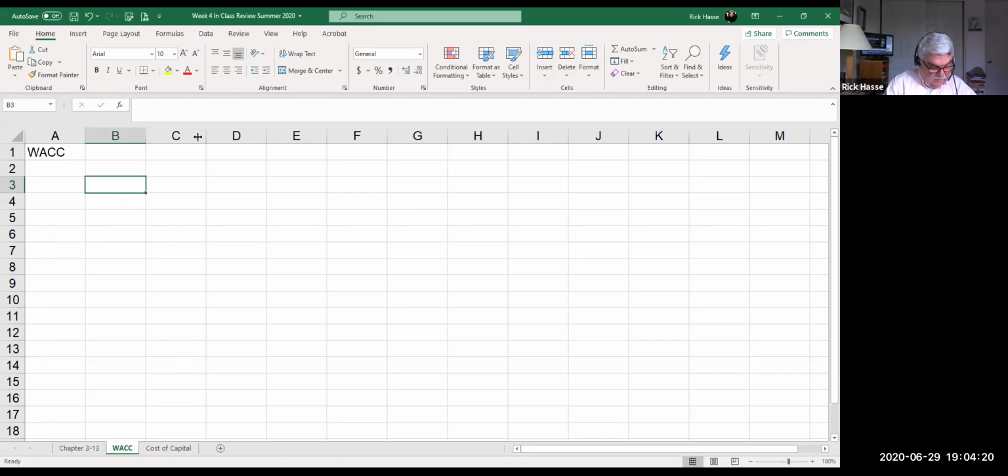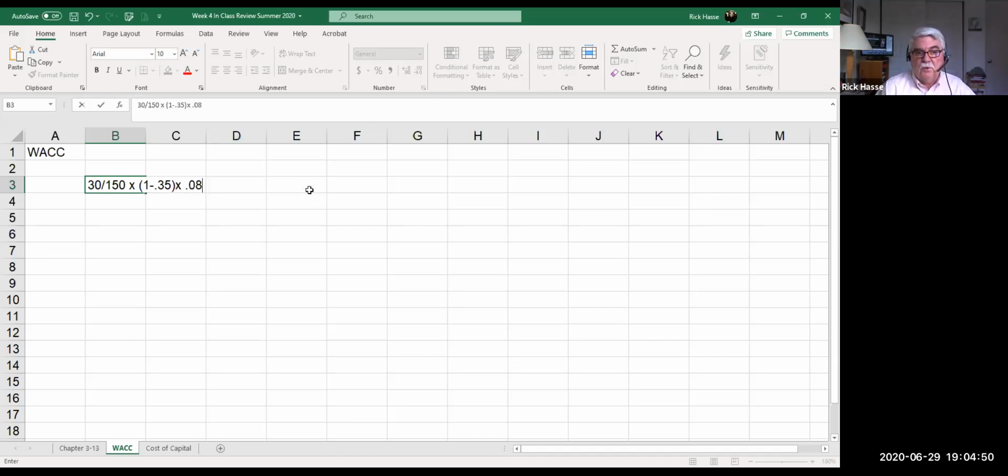So we got the relationship of 30 million over 150 million, which is our relationship of our debt. All right, and we're going to multiply that times 1 minus our tax rate, which is 35%, and that's going to be multiplied times our 8% cost of debt.